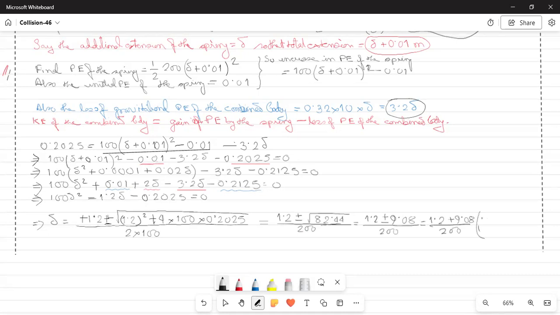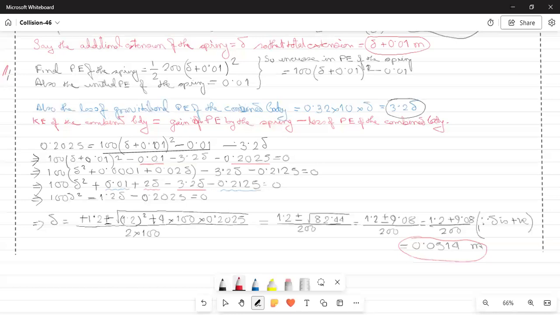Right here, since delta is positive, this is equal to 0.0514, the value of delta.